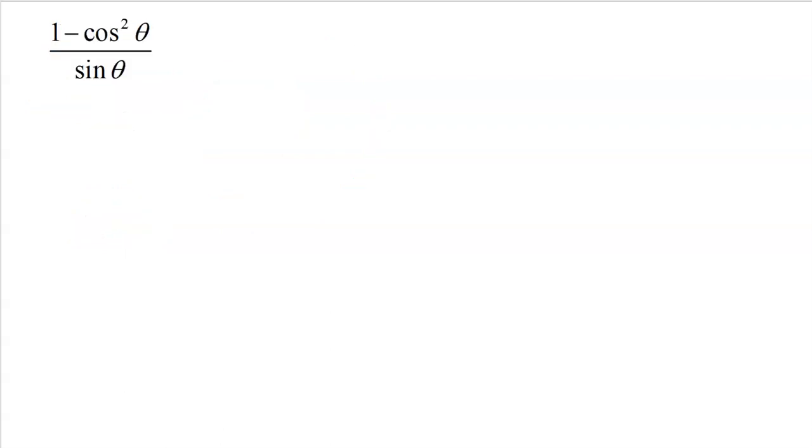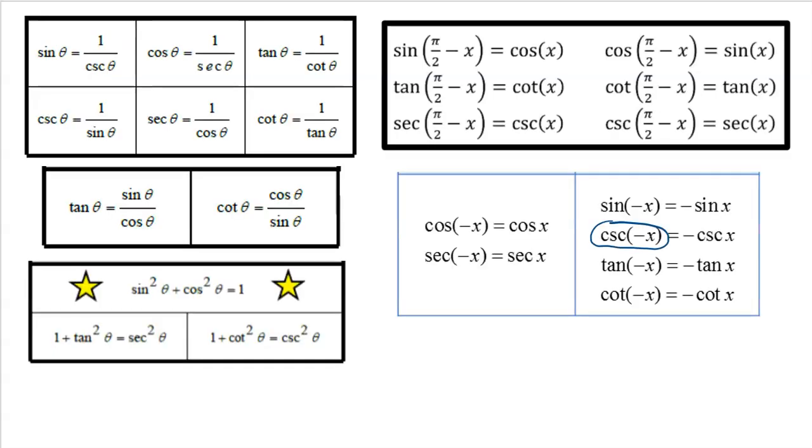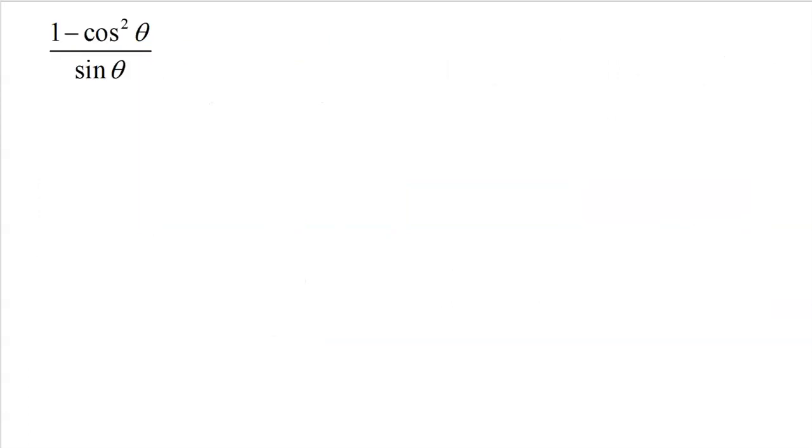All right, here's another one, and you're going to love this one. Again, anytime you see a square, jump to the Pythagorean identities, right? Especially when there's a 1 involved, because all the Pythagorean identities involve a 1 in squares. So right now I see 1 minus cosine squared in my problem. I'm visualizing if I subtract the cosine squared over, 1 minus cosine squared is sine squared.